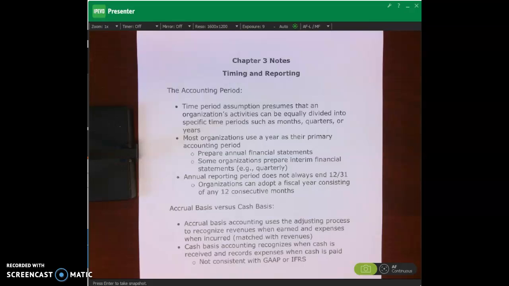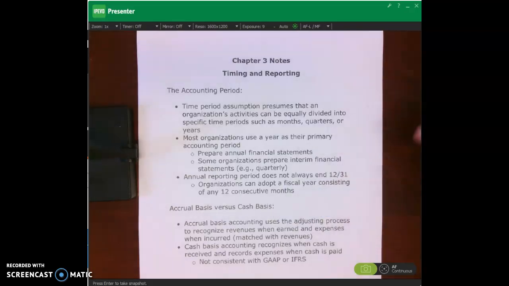The federal government, for example, ends their fiscal year on the 30th of September. So it doesn't have to be 12/31. Although a lot of organizations have their fiscal year, their accounting period, coincide with the end of the calendar year, 12/31, just know that not all organizations do that, and there's no requirement that they have to, okay?